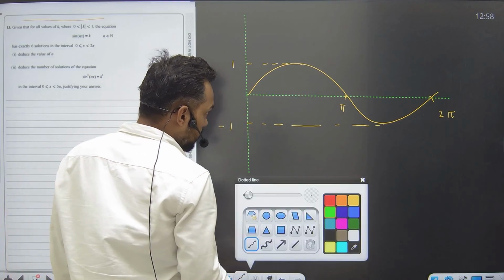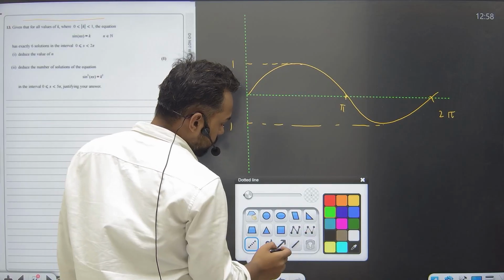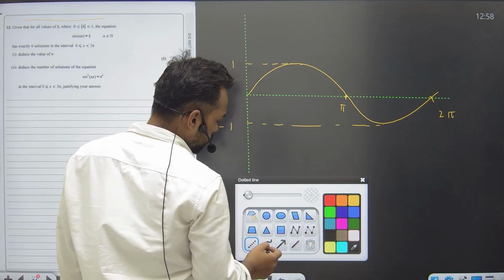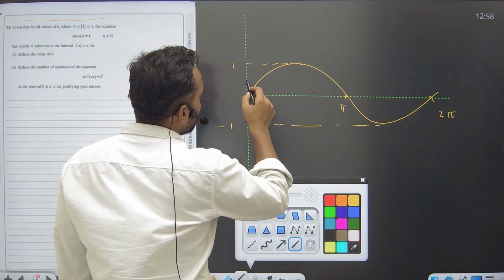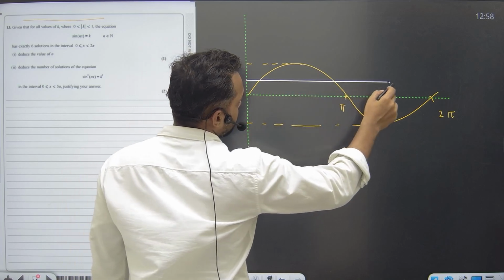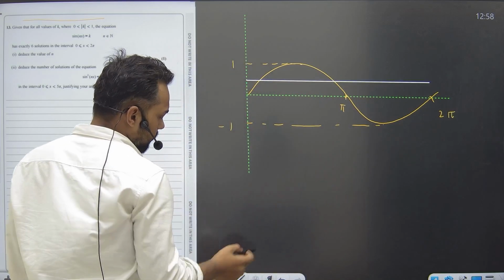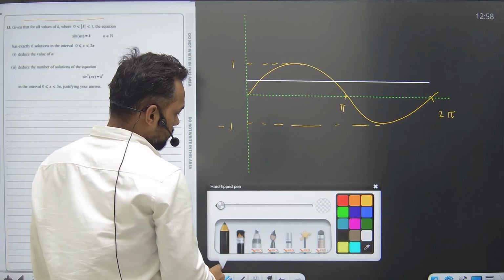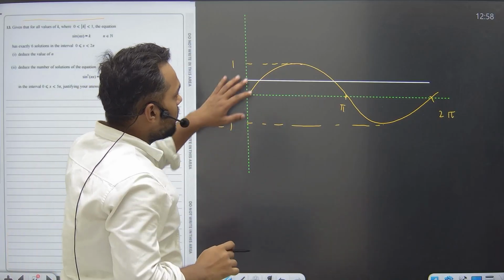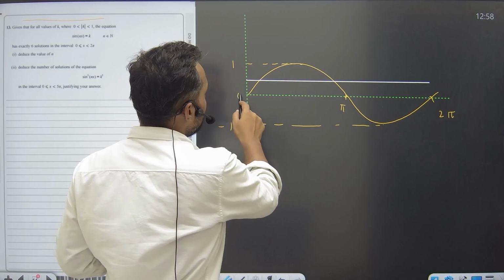First, I will tell you how to approach this problem, students. Let's suppose this was our line, just a random line lying between 0 and 1. This is 0 and this is 1.